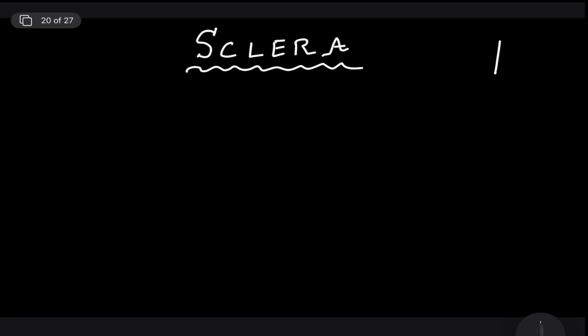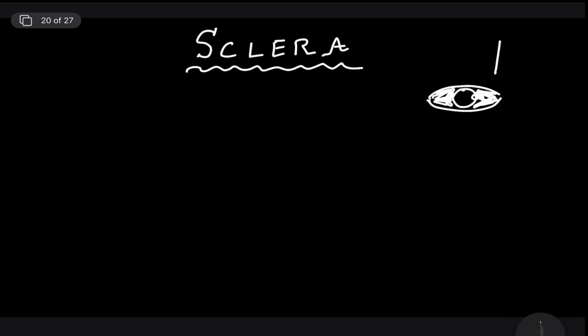So what exactly was sclera? Very quickly, we already know if this was the eye, this white portion on both sides is the sclera. Basically, in the mirror, whatever white you see in your eye, that is the sclera. Now, does that mean that the white portion of your eye is only present anteriorly, only the part that you can see, or whether or not the white portion also extends posteriorly?